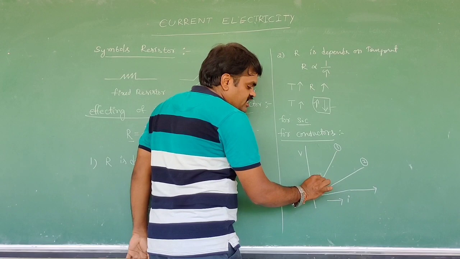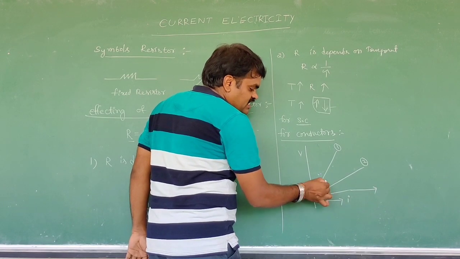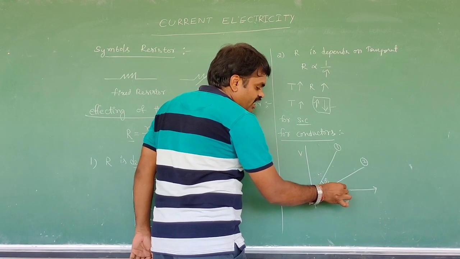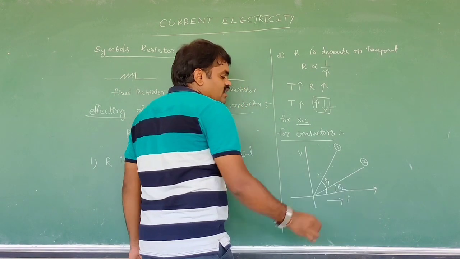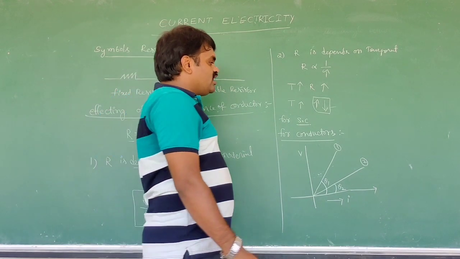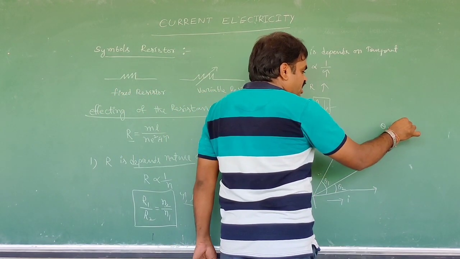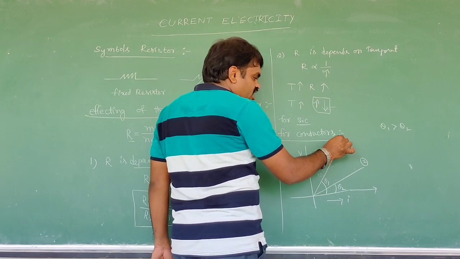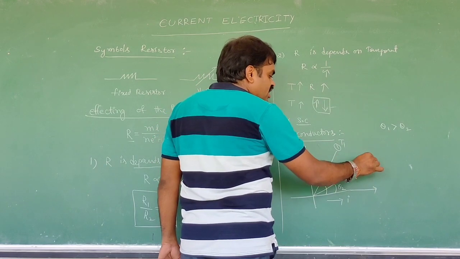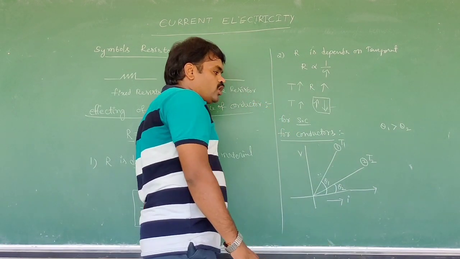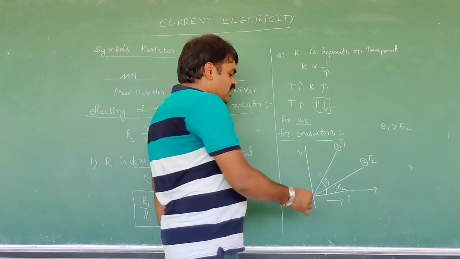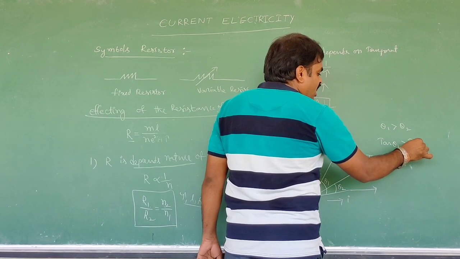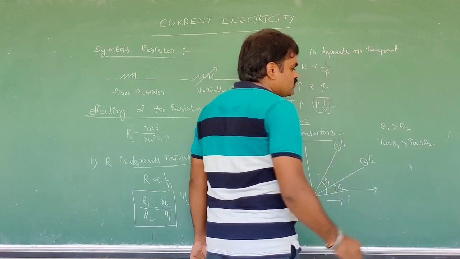The first conductor is at temperature T1, the second at T2. Here tan θ1 is greater than tan θ2.